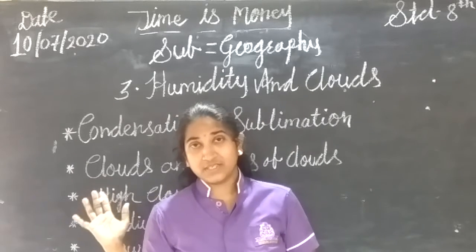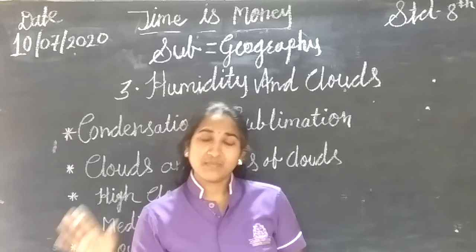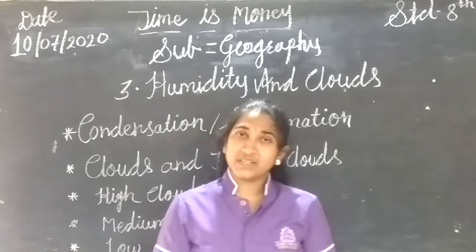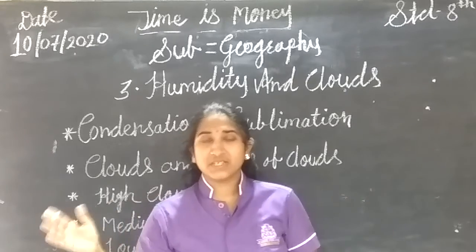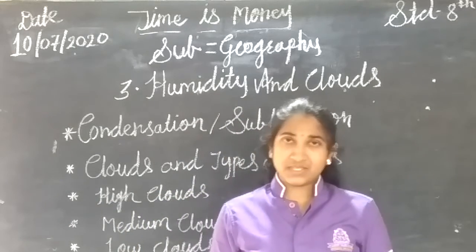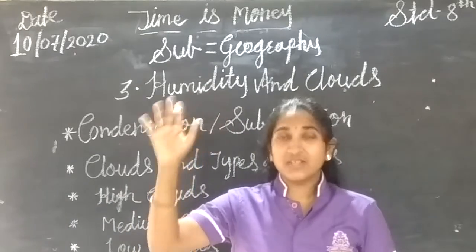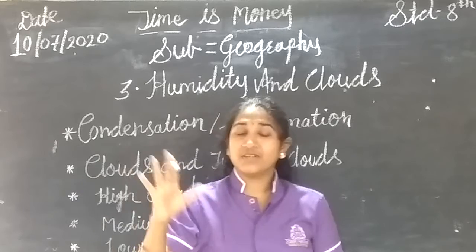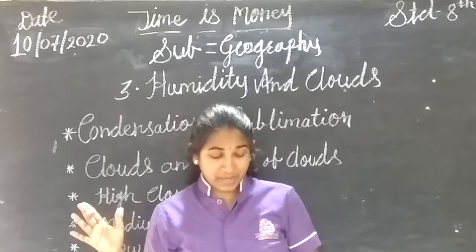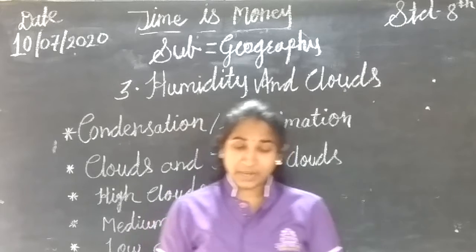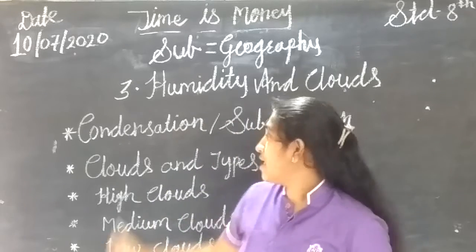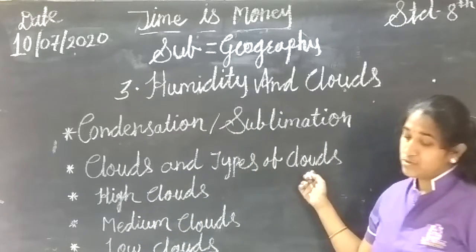And the clouds, have you seen the clouds nearby? No, they are always at a higher level. So cloud is also a form of condensation but at a higher elevation, very high up.